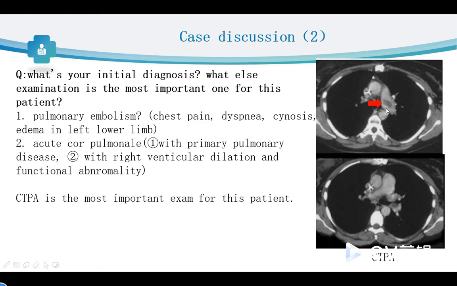Those are the embolisms in the left pulmonary artery. So, according to this image of the CTPA, we can conclude the diagnosis of pulmonary embolism. And that's the two cases for this class.